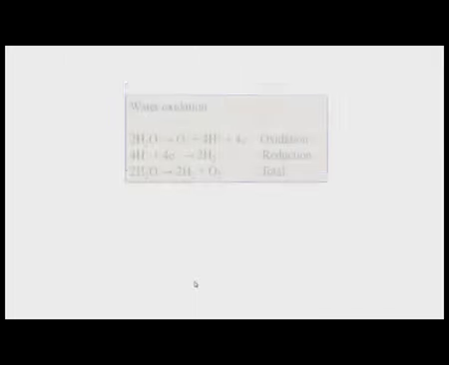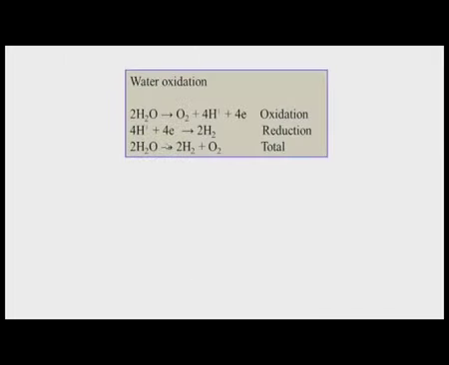So, what we see in the case of water oxidation, as we have just seen, is that water is oxidized to form the O2 molecule, and that is our oxidation reaction. At the same time, if water gives up electrons through oxidation for the production of O2, as in photosynthesis, something should be present which can consume the electrons produced in the first step.